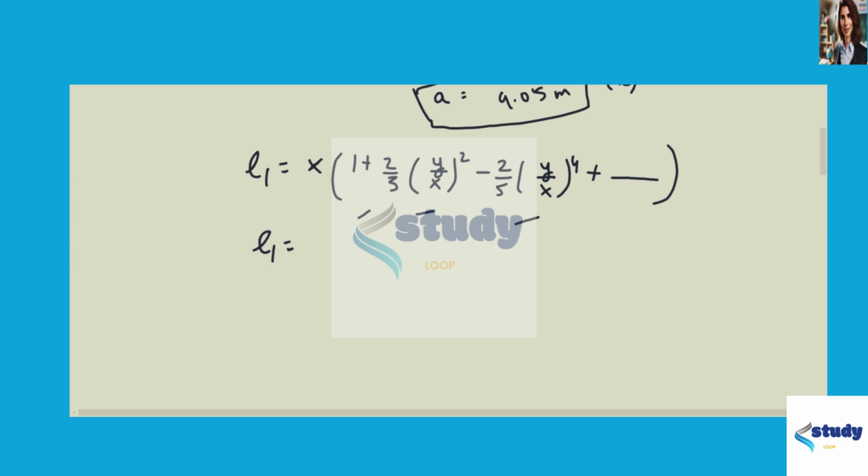In the first part of the cable, x is 9, and in the second part x is 6. We're considering the first part right now for L1. So x is 9 times 1 plus 2 over 3, and y is the value of a that we calculated in the first part, 4.05.